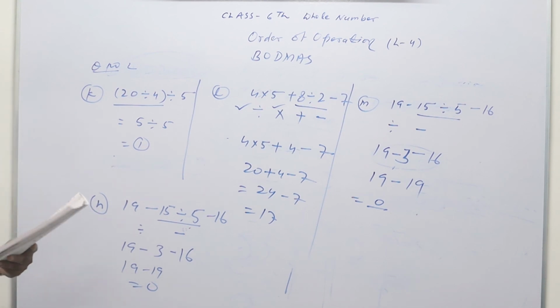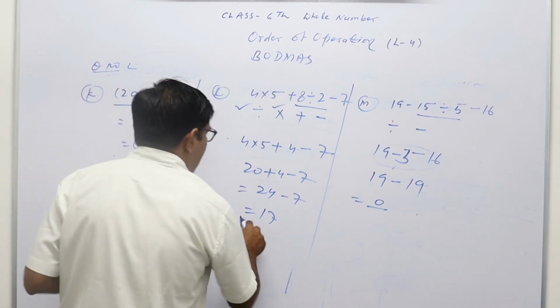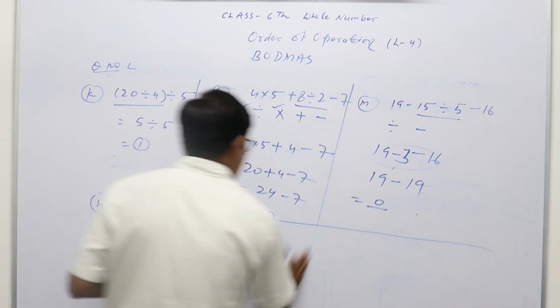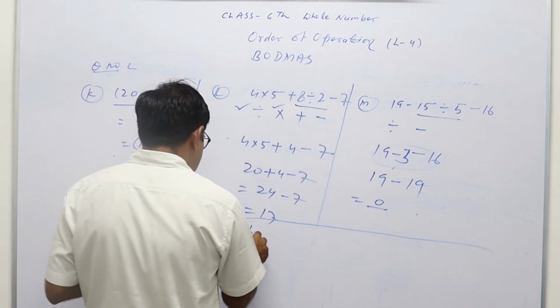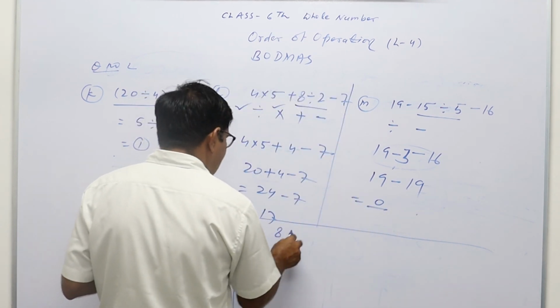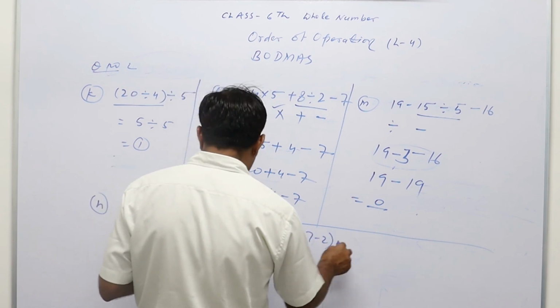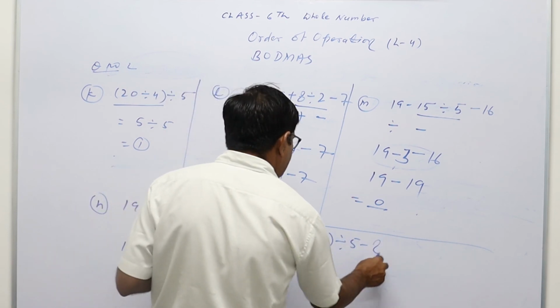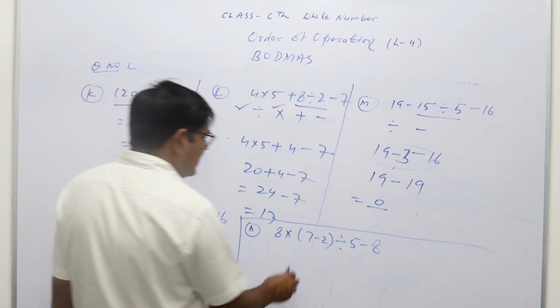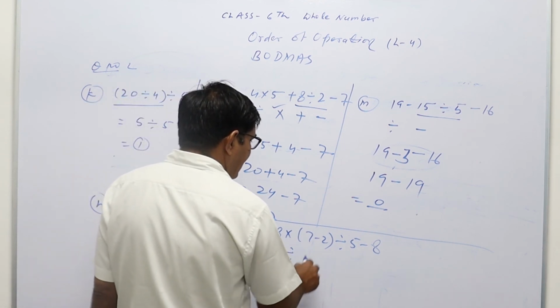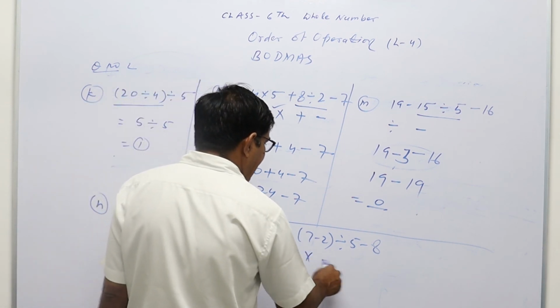Then question number next, N is 8 multiply 7 minus 2 divided by 5 minus 8. How many operations? Division, then multiplication, and then subtraction.